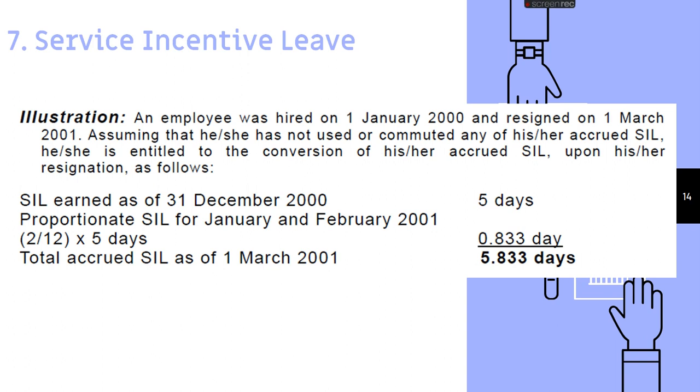So, an employee was hired January 10, 2000 and resigned on March 2001. Assume that he has not used or commuted any of his accrued SIL, he is entitled to conversion of accrued SIL upon his resignation as follows.